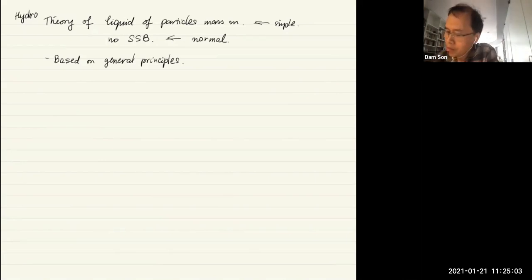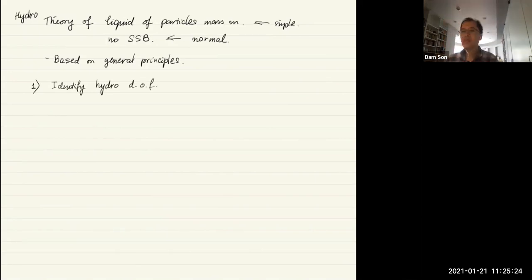If we follow the philosophy of hydrodynamics, what would be our first steps? The first step would be to identify our hydrodynamic degrees of freedom.